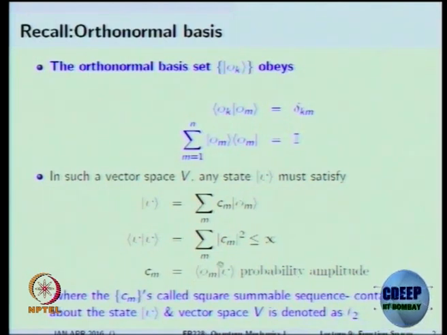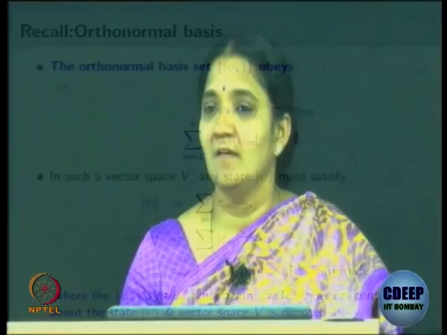I am just trying to rewrite it for you in the Dirac notation, that taking the inner product of psi with phi m will tell you the probability amplitude for an arbitrary state psi to have a component along phi m. You can treat this basis set as a set of many components in a vector space. So you are finding the inner product of the arbitrary state psi to have a component along the phi m basis, and that gives you Cm.